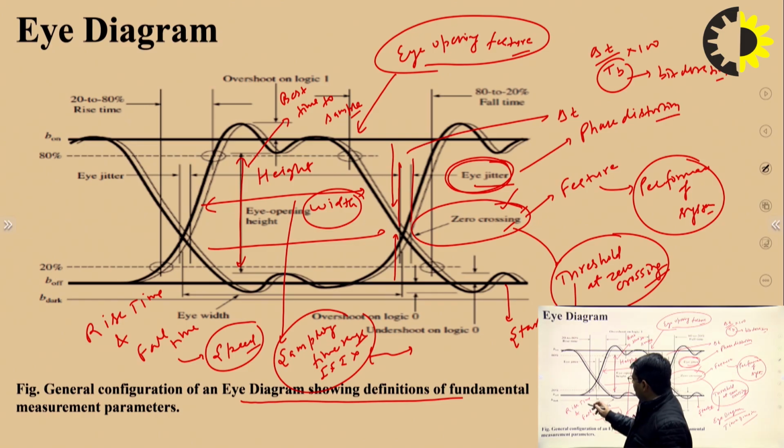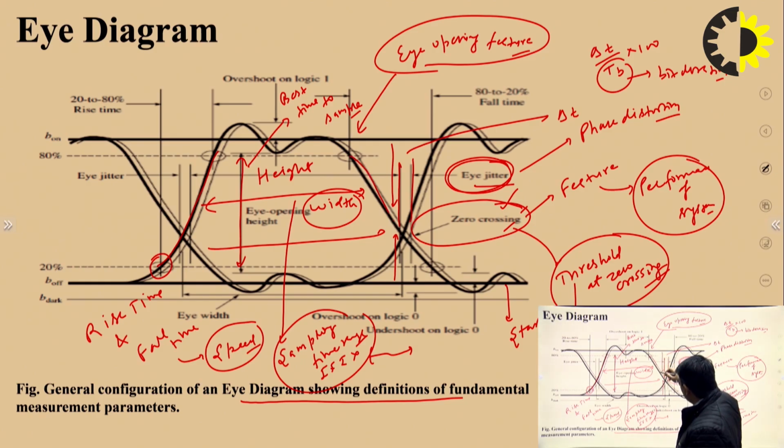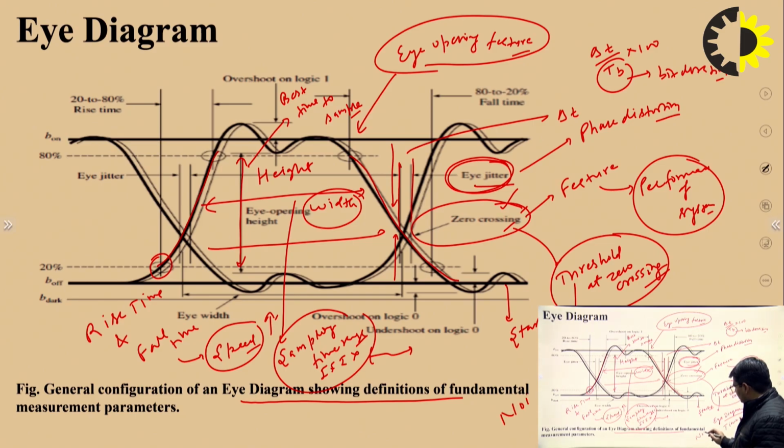The rise time is basically the time required for the signal level to go from 20% to 80%, and fall time is going from 80% to 20%. If rise time is sharp, or we can say that rise time is less, the speed is high. So we can comment about the rise time and fall time from this eye diagram or eye pattern. From this we can also calculate the noise margin of the system.